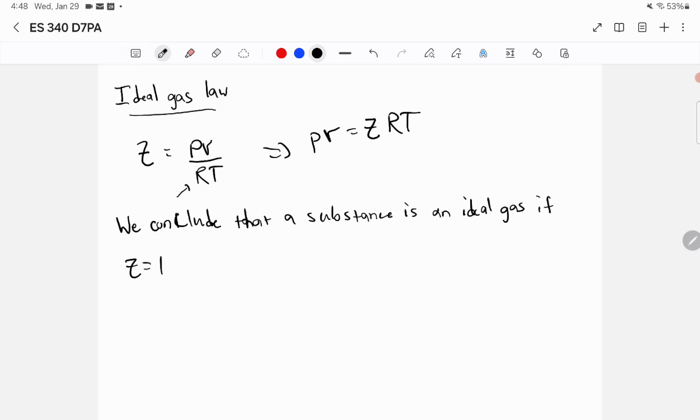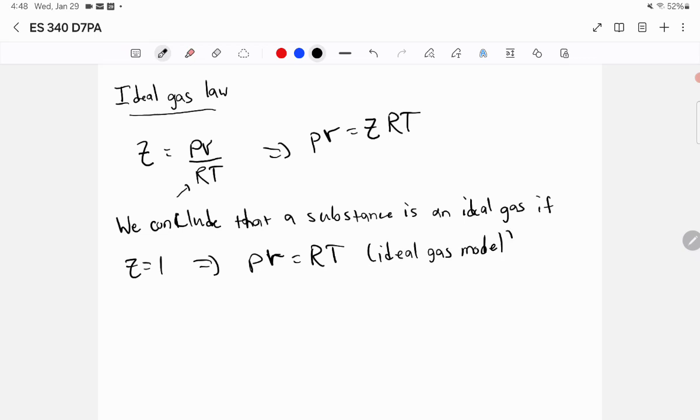When Z is equal to 1, we conclude that it's an ideal gas. What does that imply? That means that PV is equal to RT, because Z is equal to 1. So this is the ideal gas model.